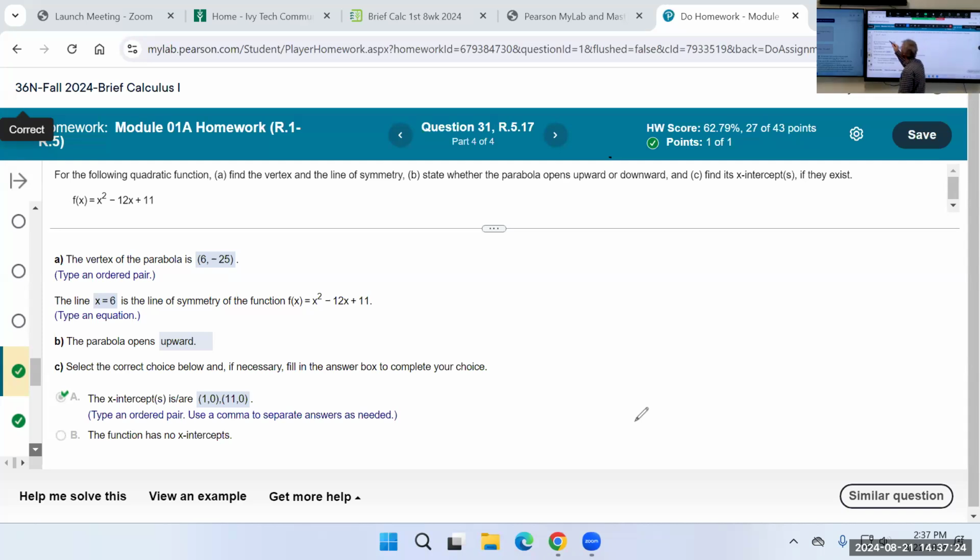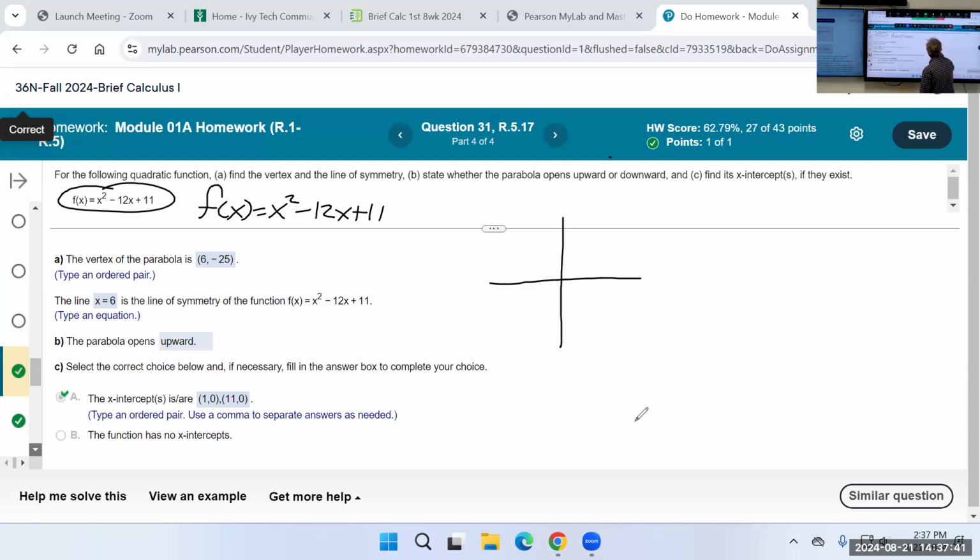I'm given a quadratic function, f of x equals x squared minus 12x plus 11, and it wants me to find the vertex of the parabola. The vertex of a parabola visually is either the highest point of the parabola, or you could have the lowest point.